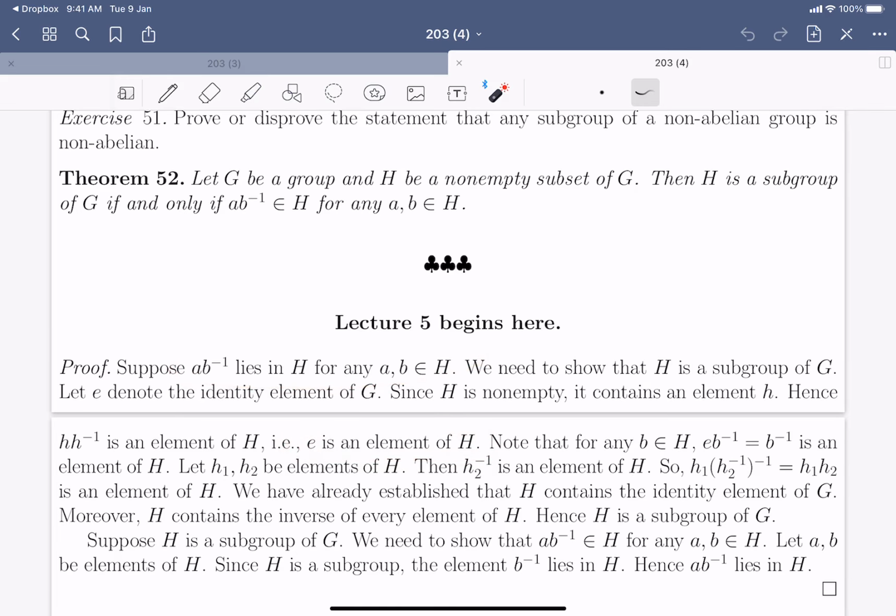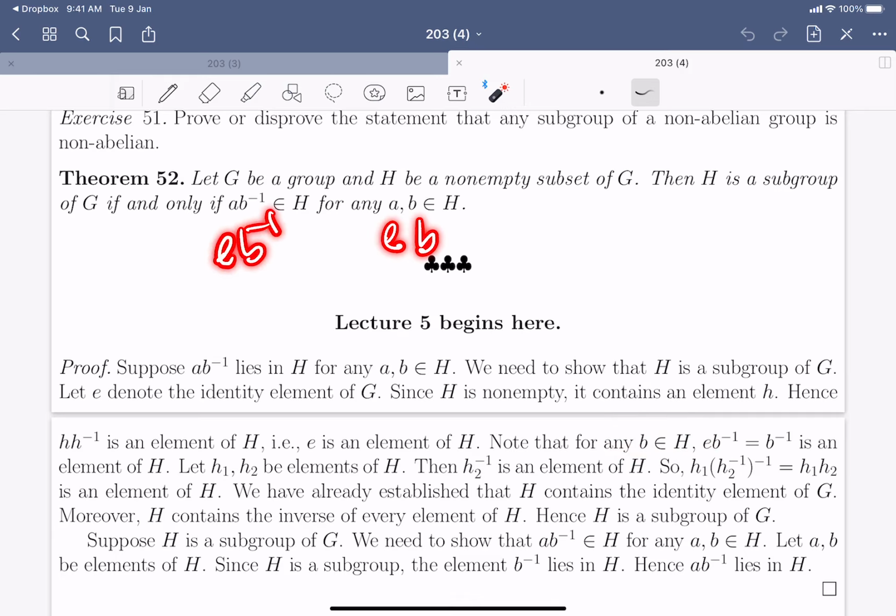Now we also note that H contains the inverse of any element of H. Why is that so? You pick an element b from H, and you know that e lies inside H, something that you have just established. So you have e and then you have b.